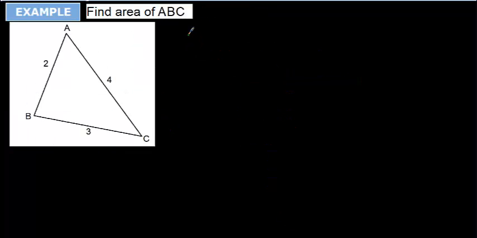For finding the area of ABC, we are going to use Heron's formula, and for Heron's formula we need to know the value of U, and this means half of the perimeter. So if I say a is equal to 3, b is equal to 4, and c is equal to 2, it means that u is equal to a plus b plus c over 2.